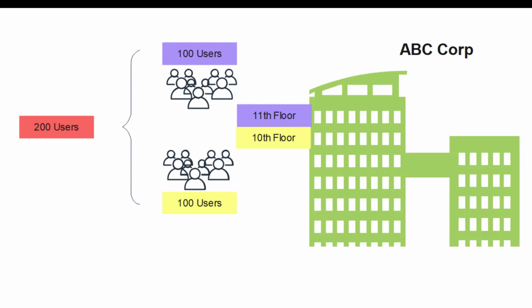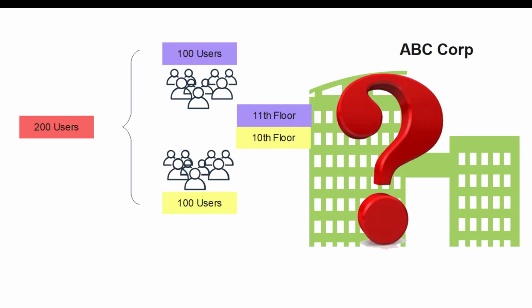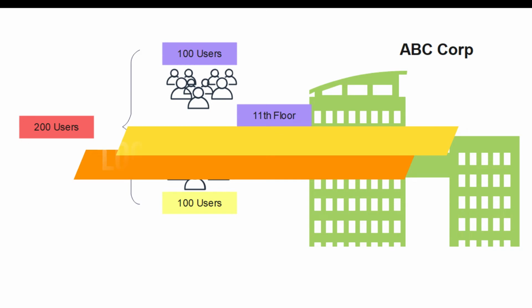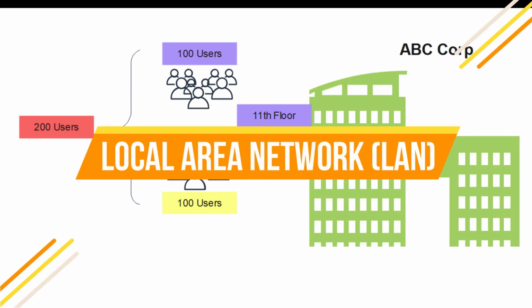So on the 10th floor 100 employees are sitting and the rest of the users are sitting on the 11th floor. Since they are on different floors, which kind of network do you think they should be in? Well, it doesn't matter which floor they sit in, whether the same floor or a different floor. As long as they are in the same office building or under the same roof, they are in the local area network.